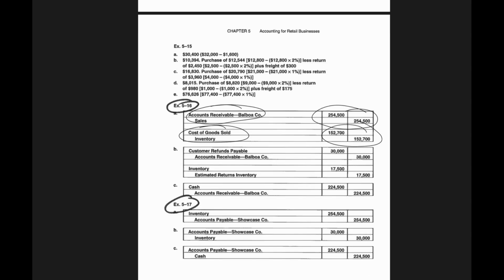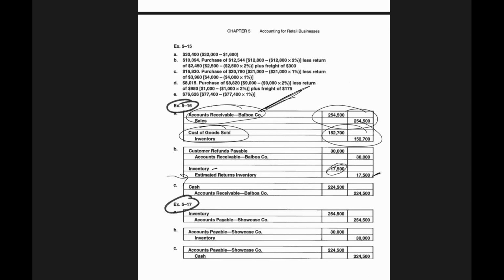So first, we returned $17,500. That was the cost. So we put the inventory back in at its original cost. We credit a new account called Estimated Returns Inventory. And then we also need to reduce their AR because they don't owe as much anymore.